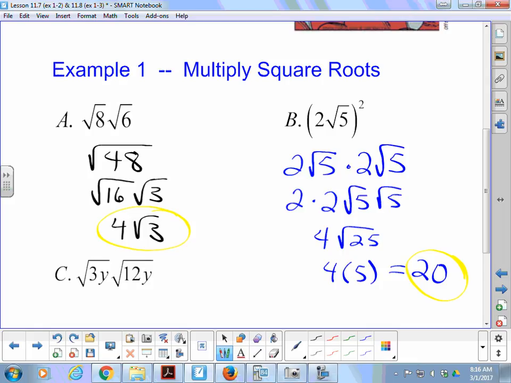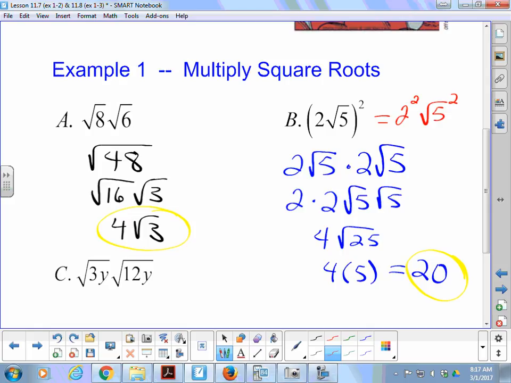You remember that if it's squared, it's times itself. But by rewriting it so that I have the numbers that are outside the radicals together, numbers on the inside together, usually will work pretty good for you. The other way to think of this is this way. This is 2 squared times the square root of 5 squared.